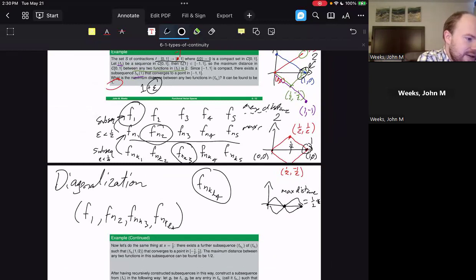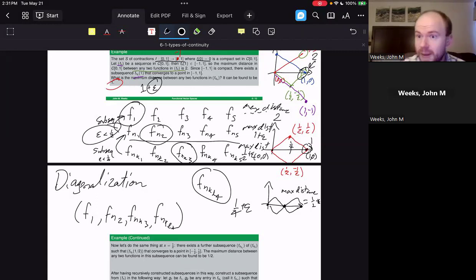The max distance here was 1 plus epsilon, where epsilon could be chosen to be less than 1/2 if we go along far enough. Here, maximum distance was 1/2 plus epsilon, where epsilon could be chosen to be less than 1/4. And after enough times, we're going to get 1/4 plus epsilon, again, choosing sequence points that are close enough. We're guaranteed, for convergence, all the way down to just 0. All the way down to 0.